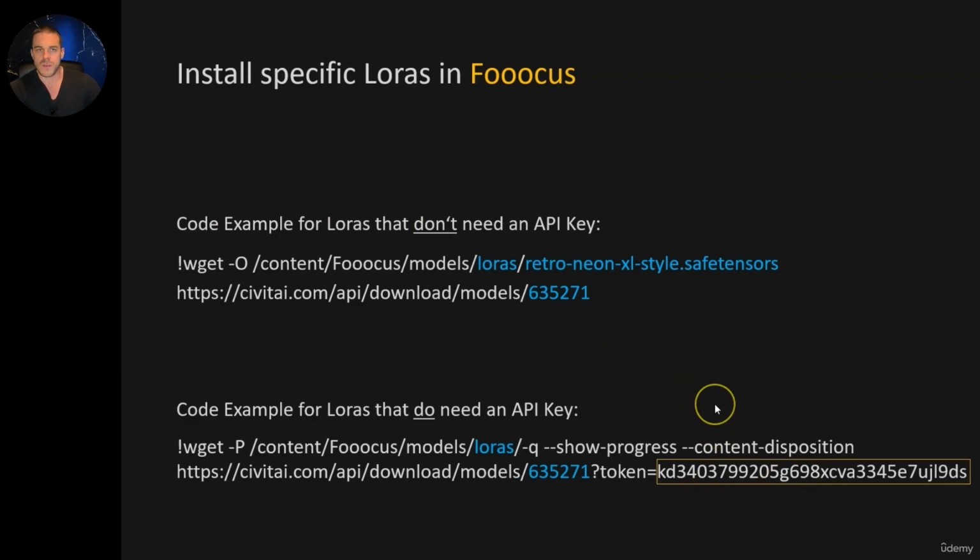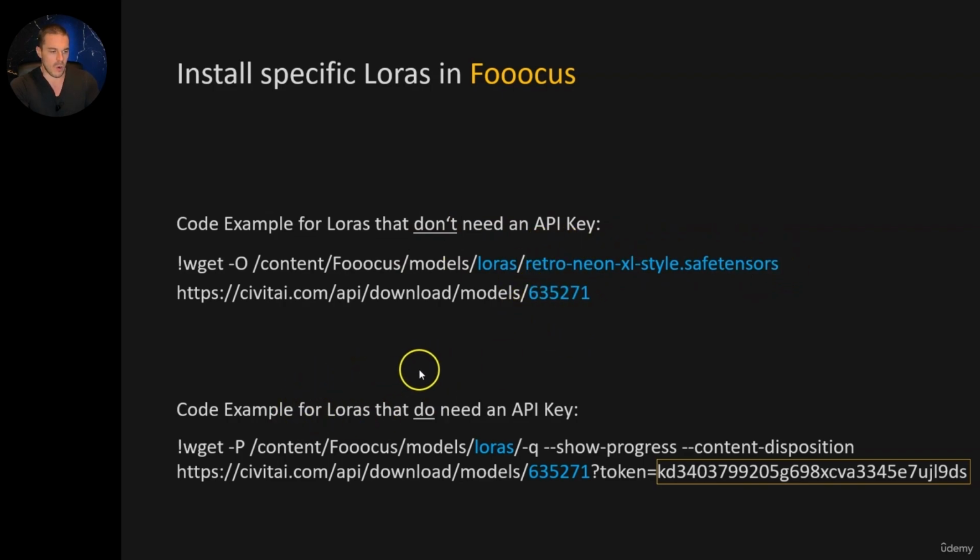And now you see the difference between installing LoRAs in general and installing LoRAs that demand an API key. Normally, for LoRAs that don't need an API key, you have the name of the file and this specific number.